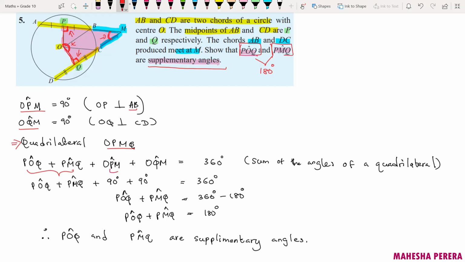So these two angles values are 90 degrees each. So when you add 90 plus 90, it will become 180, right? So when you transpose 180 to the other side, it will become a negative figure, right? So when you add these two angles, you will get 180 degrees. Therefore, you can say that these two angles are supplementary angles.